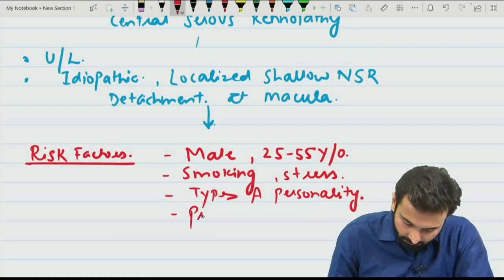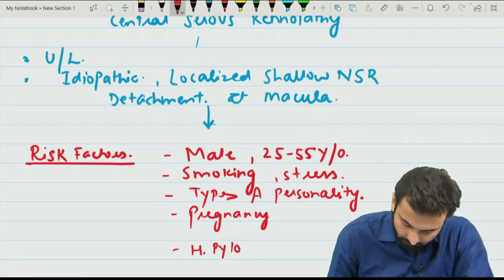Then it is commonly seen in pregnancy and in H. pylori infections.